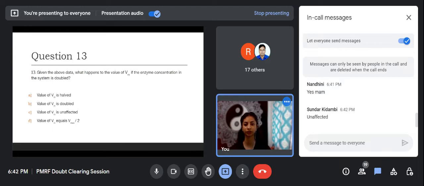Unaffected, okay. Maybe it will help if I show you what the formula for Vm is. So this is the formula for Vm: Vm equals K3 into Et, that is the total amount of enzyme. K3 is the rate constant at the point where the enzyme substrate complex goes into enzyme and product. So now, do you think it is unaffected?